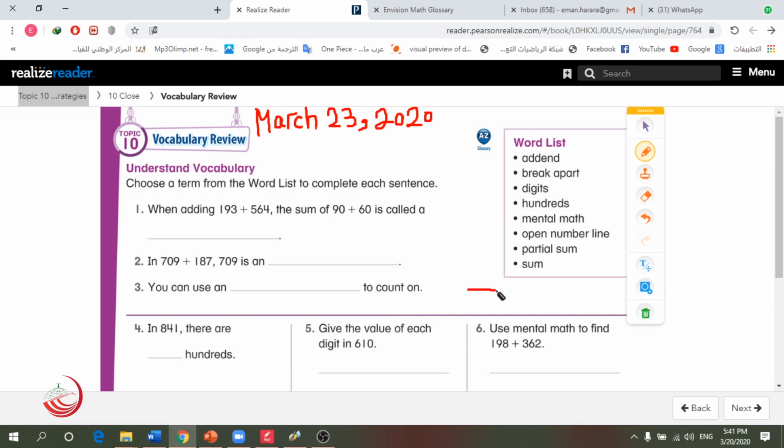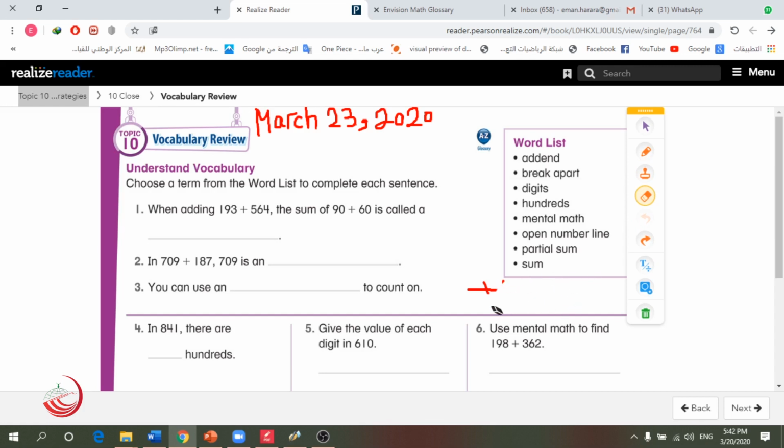Open number line means any line, any open line, I can put or add numbers on it. For example, this is an open number line in which I can write any number 1, 2, 3, 4, and so on.